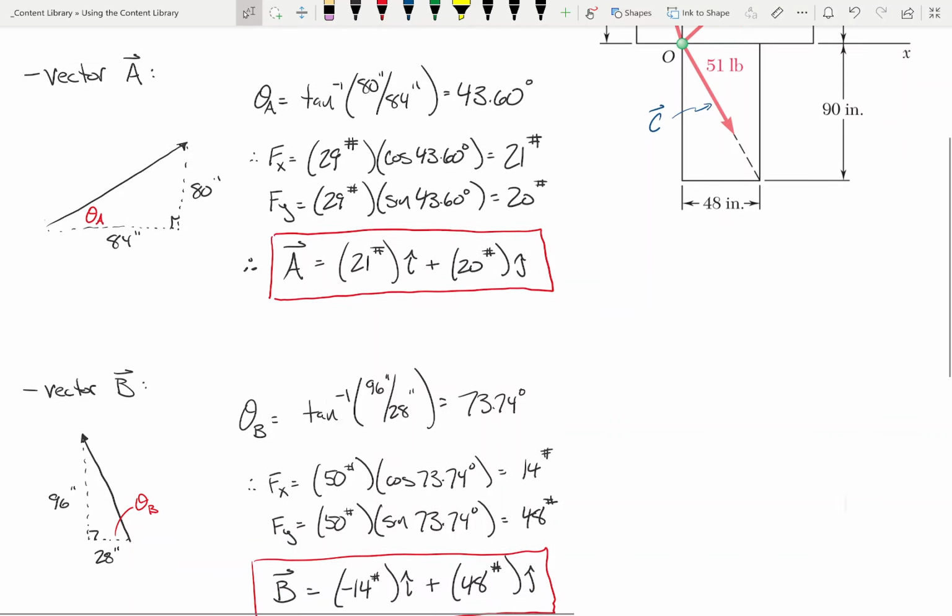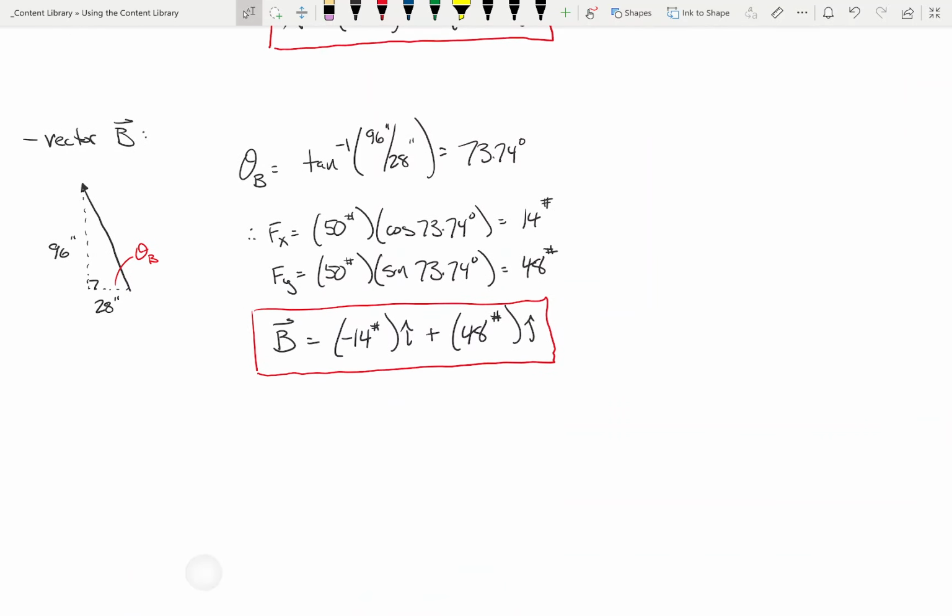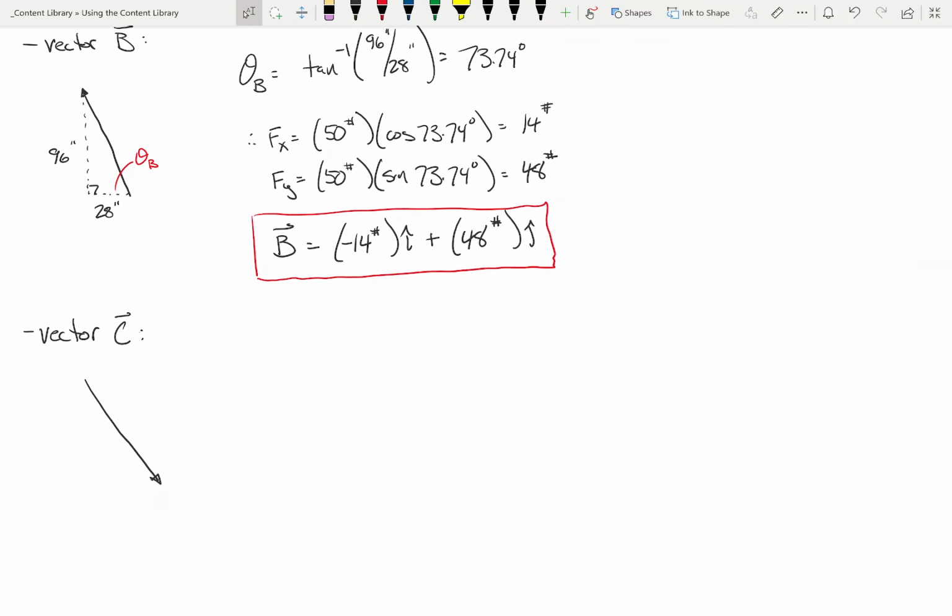That's 48 and that's 90. Let's do about like that. Okay, so the x dimension, that's 48.